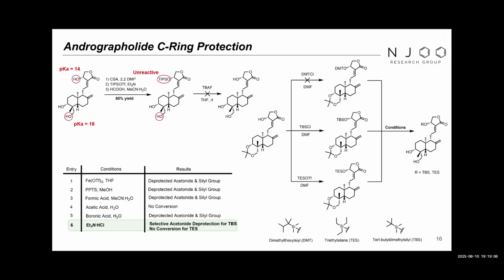However, we found that when trying to deprotect the acetonide group at the end of the process, sometimes these conditions would cleave off the silyl ether as well, which led to our finding that using the HCl salt of triethylamine would selectively cleave the acetonide in the presence of the TBS silyl ether, giving us the final product. However, this study would later be abandoned because we found a much better procedure for cleaving the TIPS group.